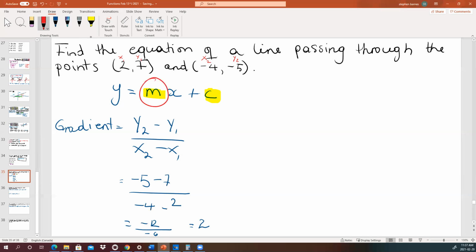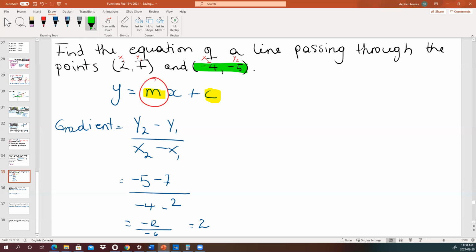If you have your gradient and you have 2 points, you have more than enough information to find your y-intercept. All you need is one set of points because you need a y value and an x value. I'm going to decide to use these values here for my point. I'm just being fun because they're negative. You could have used the other one anyway, and it should give you the same answer.